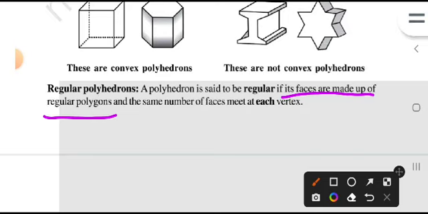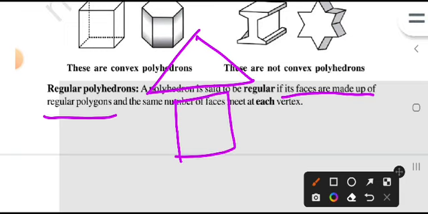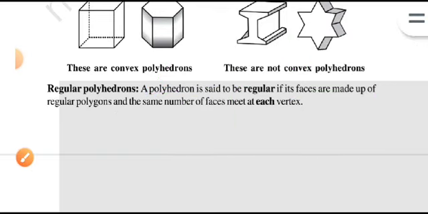Regular polygons means polygons having sides of equal length and angles of equal measure, like equilateral triangles, squares, then pentagons with the same side and the same measure of angles. So this kind of face you will find on the surface of regular polyhedrons.